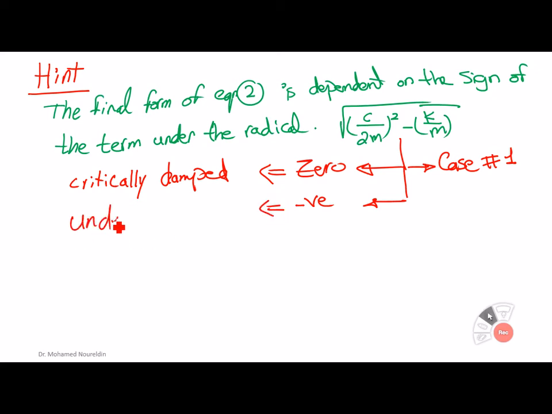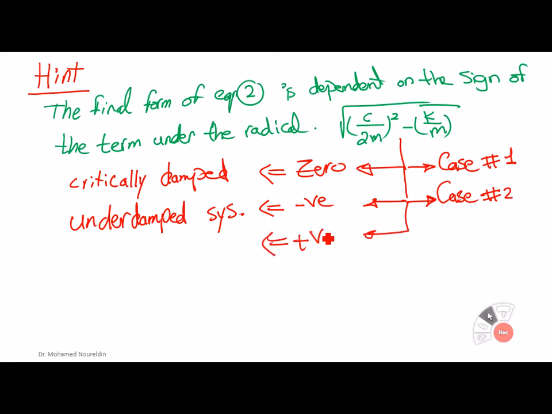We call it an underdamped system, and we are going to give it case number 2. And then the last case is where we have a positive value under the radical, and this is what we call the overdamped system, which we give case number 3.